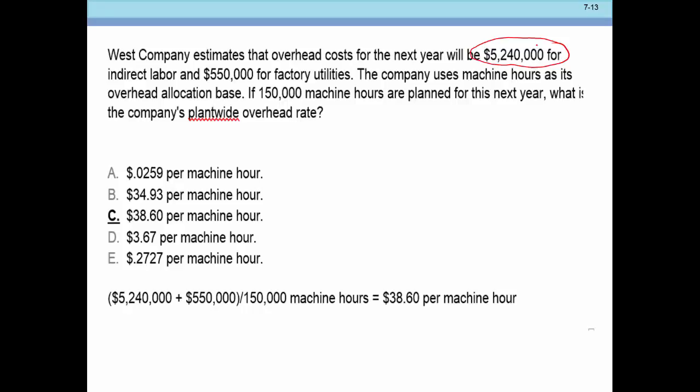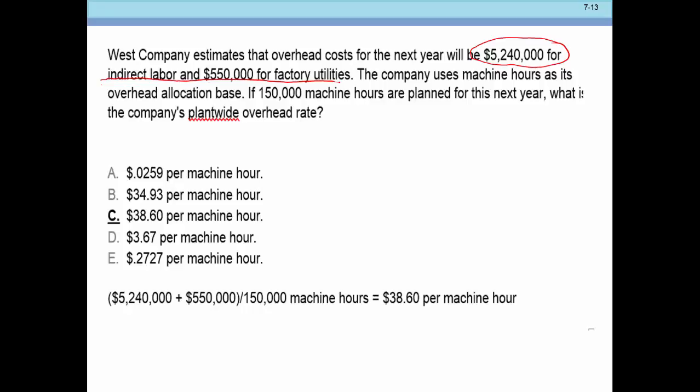I could have just as easily taken it out of chapter 1 or 2 when we did this, right? We would come up with our predetermined overhead rate by taking the total cost, and we're using our indirect labor. Remember the one we used direct labor hours, but we could have also used the direct labor cost.